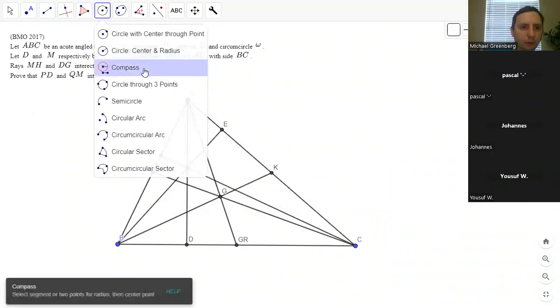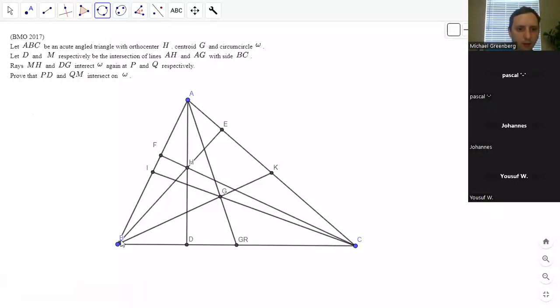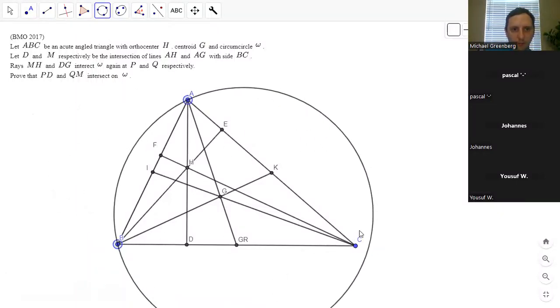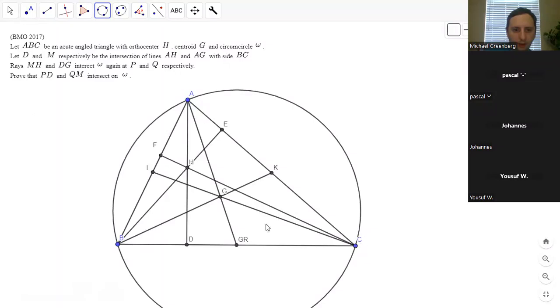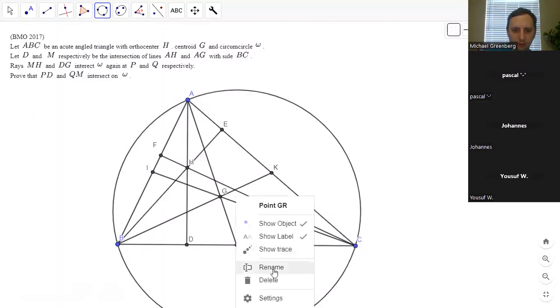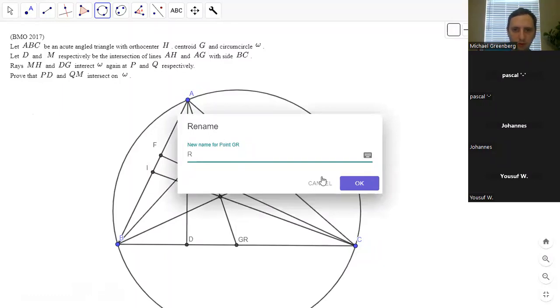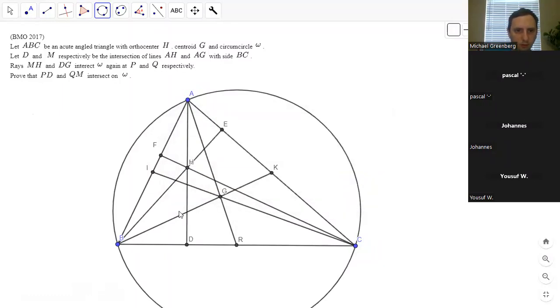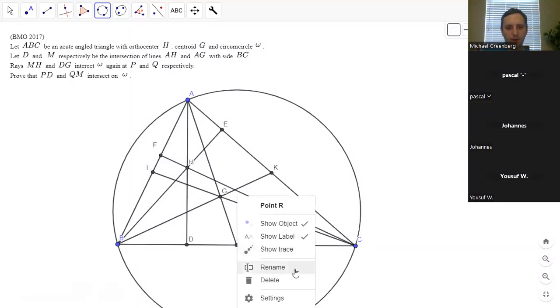Let's draw the circumcircle. So B and M are the intersections of AH, AH and AG. So D. Oh, this is M. Okay.